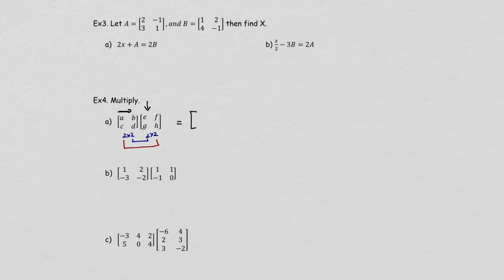So in the first matrix you're going to use the row, A and B, and in the second matrix, you're going to use the column, so it will be E and G. So you will do A times E plus B times G, in order to get the first row, first column. Then, to get the second row, first column, you're going to use the second row, so it will be C times E plus D times G is what you're going to do.